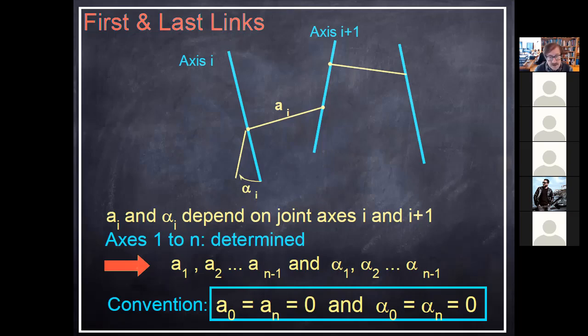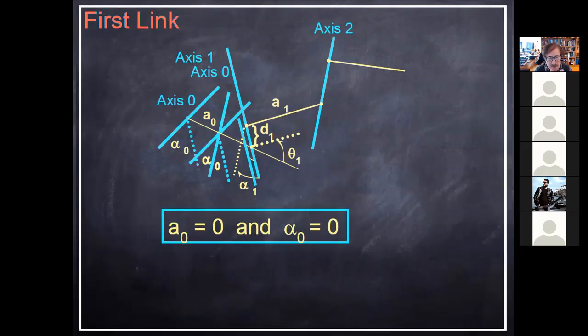We are trying to minimize them, and you will see that these four parameters are going to be enough to efficiently present the robot's mathematics. In the first link, we put the first axis so that it's going to coincide with the 0 axis, so that there is not going to be any distance between these two. a_0 is going to be 0, and there is not going to be any twist, so alpha_0 is also going to be 0. This is the convention.